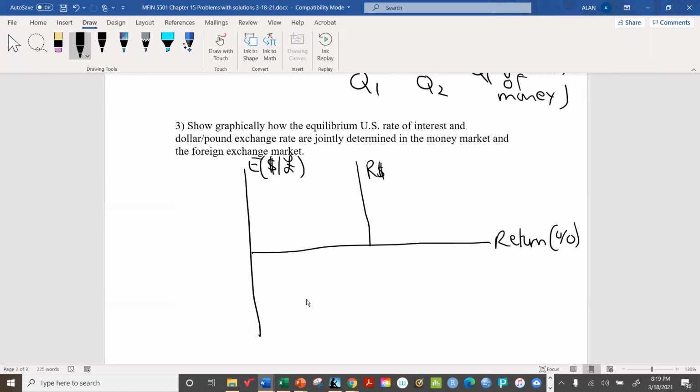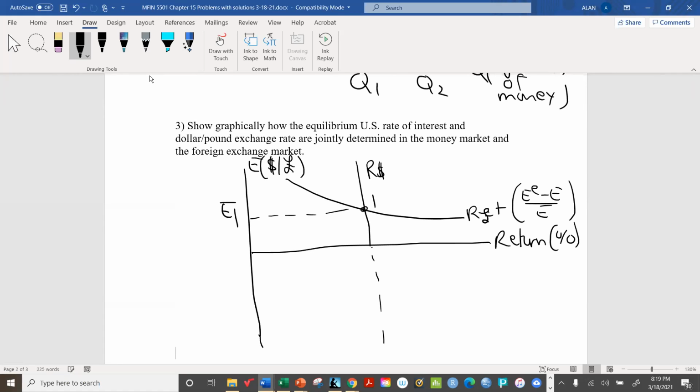So we're assuming that it's the pound. And this is our equilibrium up here, which has to coincide with equilibrium down below. How do we ensure that that happens?